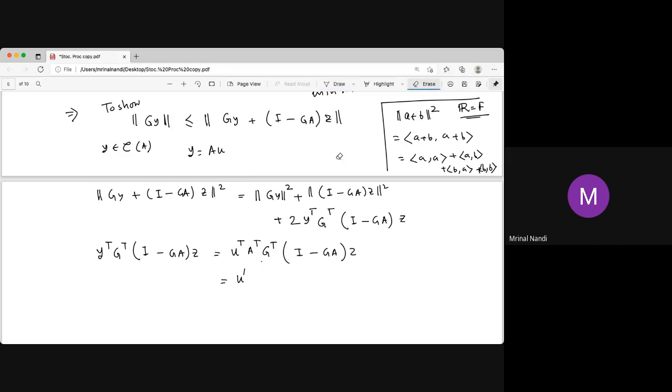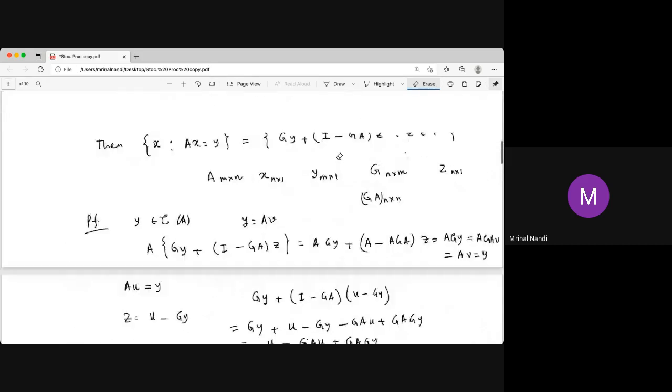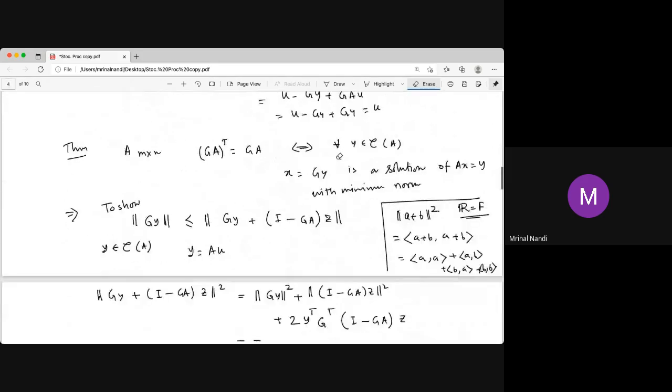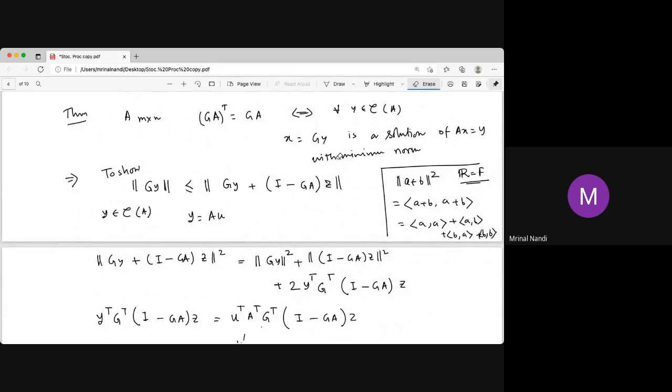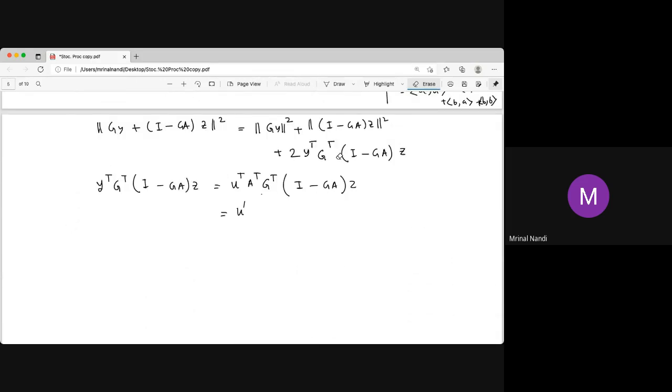What do we assume here? We assume that G A transpose equal to G A. That means A transpose G transpose is G A. So it is u transpose G A (I minus G A) z, which is u transpose (G A minus G A G A) z. Now A G A is A, we know, so it is 0. So it is a null matrix.